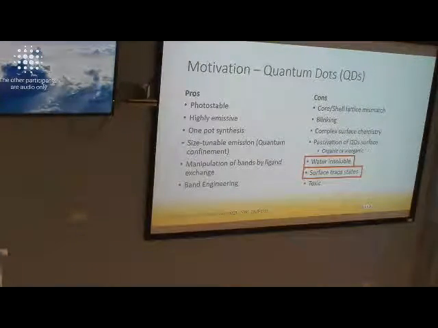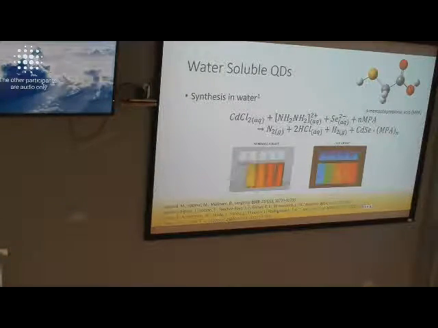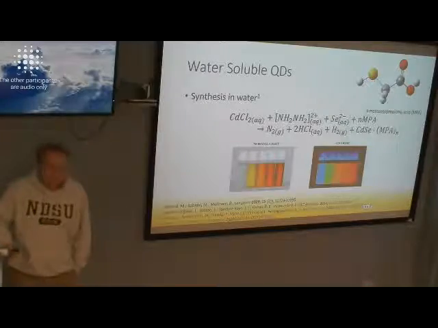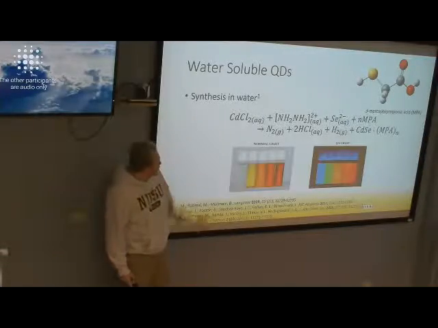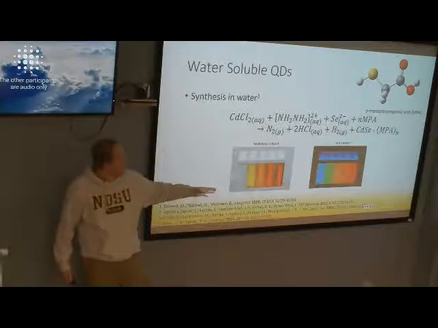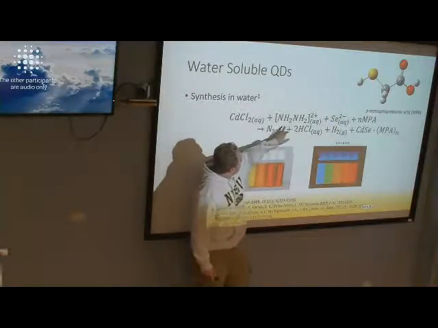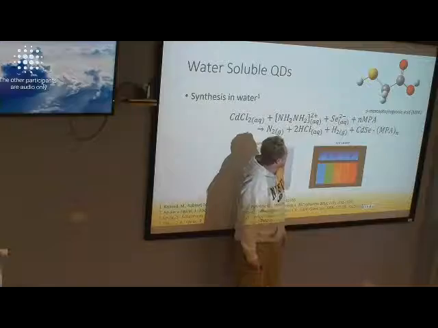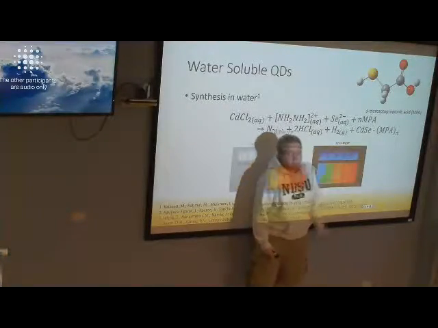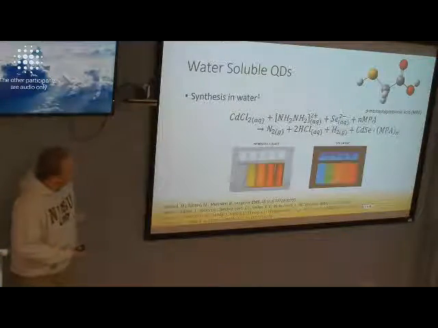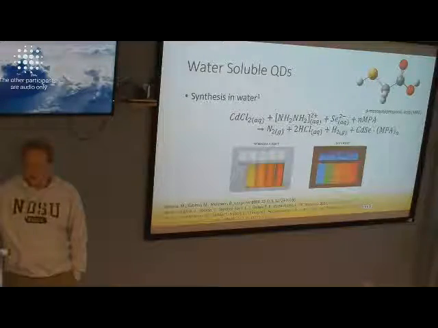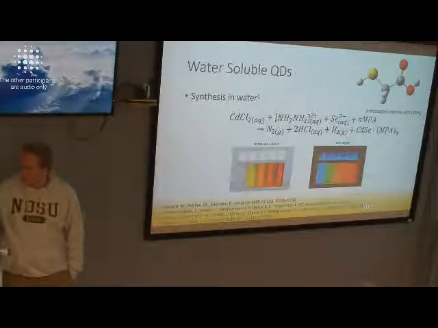Today I'm going to focus on water solubility and surface trap states. So first let's look at the easy one, water solubility, which can be solved relatively straightforwardly. You can synthesize your quantum dots straight in water, which is not the typical synthesis. You have a reducing agent that attacks your chalcogenide, then you can make your cadmium chalcogenide, and you can get very beautiful samples that already have the ligands on the surface that make them water soluble.